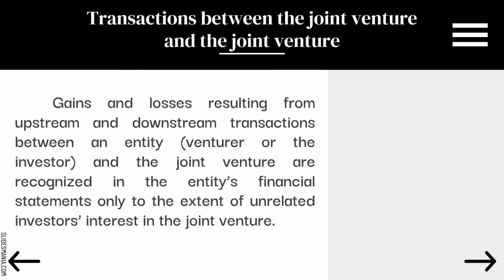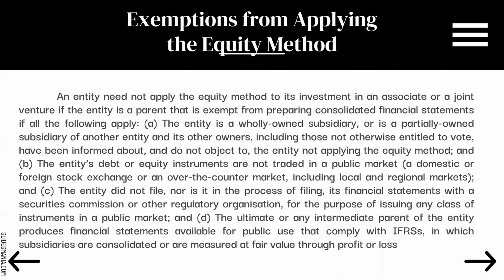So, next slide. Let's go to the exemption from applying the equity method. Of course, there has to be an exemption. An entity need not apply the equity method to its investment in an associate or a joint venture if the entity is a parent that is exempt from preparing consolidated financial statements, if the following conditions apply.